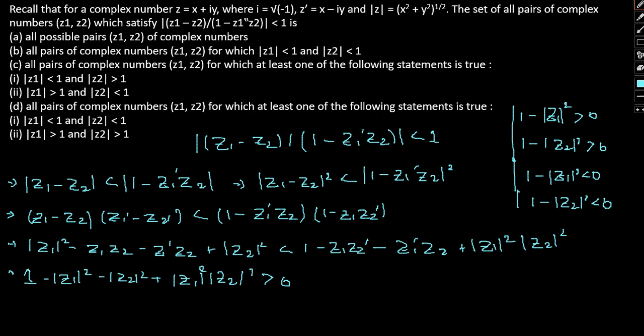So from this we can actually write that z1 can be less than 1. Okay, from this we can have z1 less than 1. From this we have z2 less than 1. Okay, from this one we have z1 greater than 1, and from this one we have z2 greater than 1.